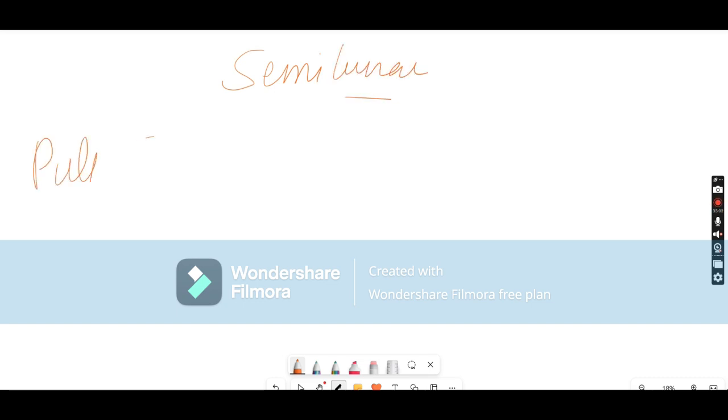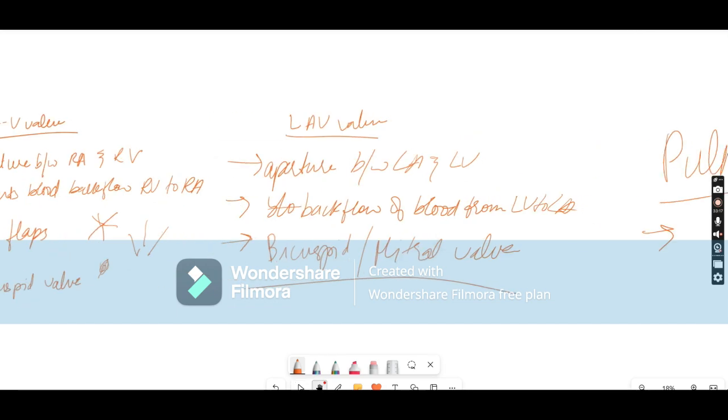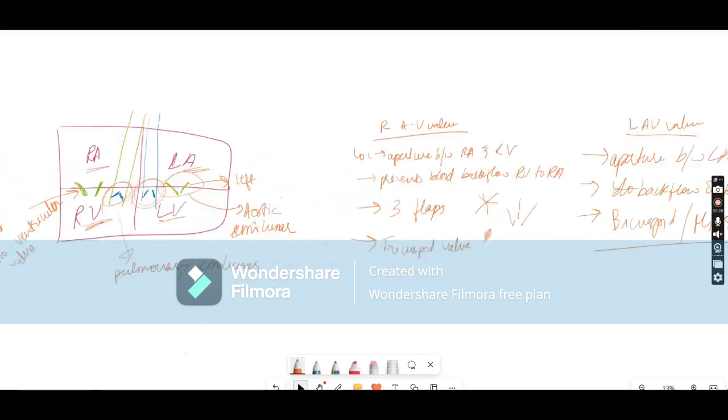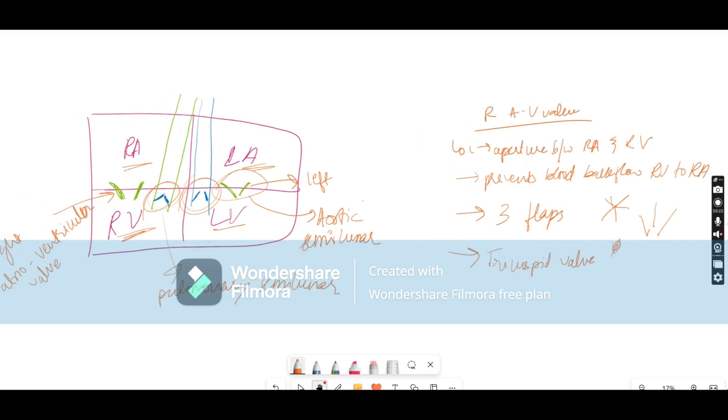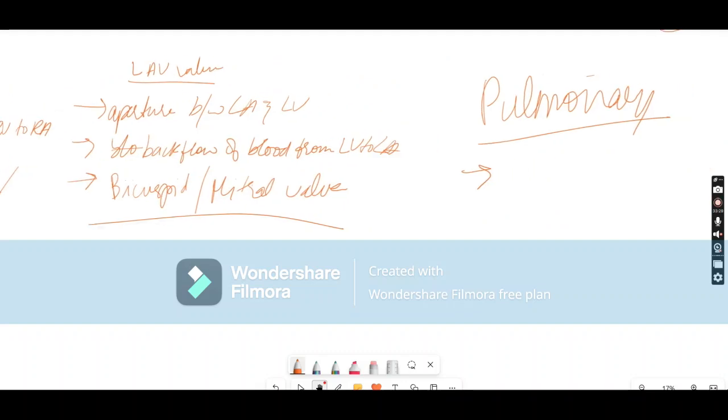So the pulmonary semilunar valve is located at the opening of the right ventricle into the pulmonary artery. Okay, so the point where the right ventricle opens into the pulmonary artery, that is where this valve is located.